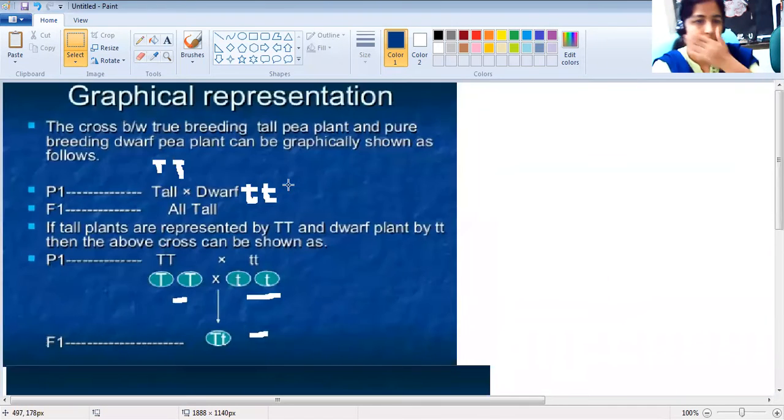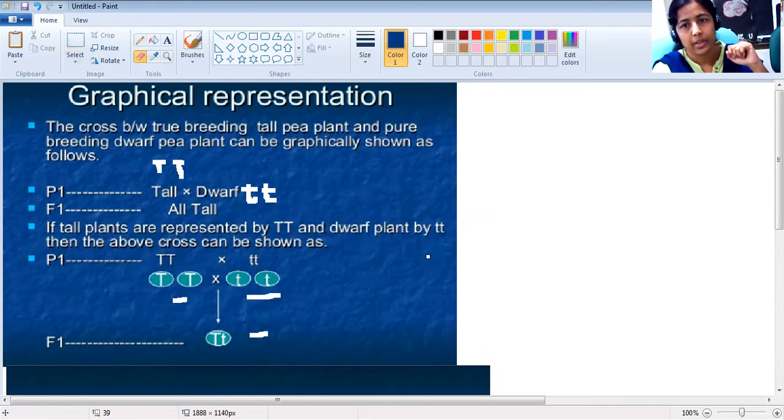In the F1 generation, the parents were taken, the tall plants represented by capital T and the dwarf represented by small t.